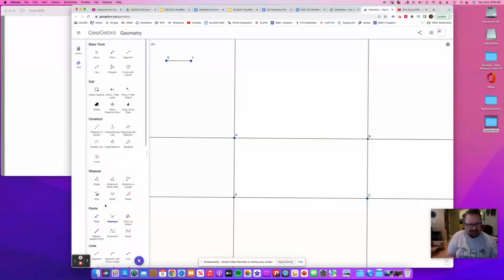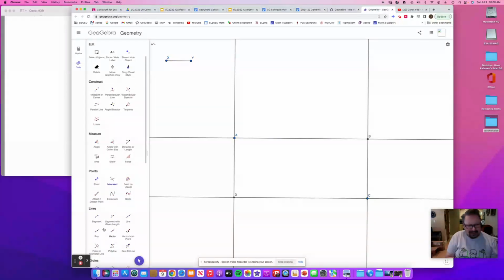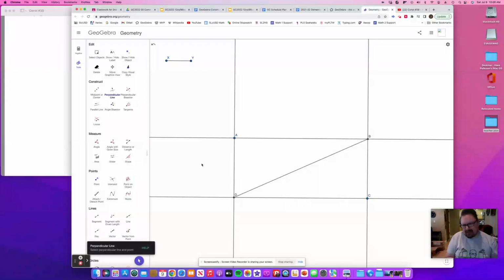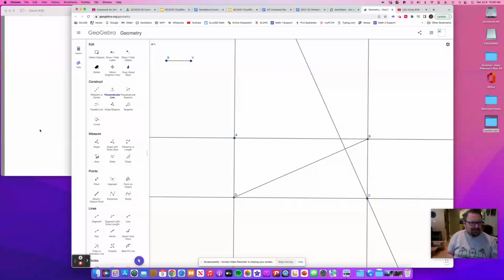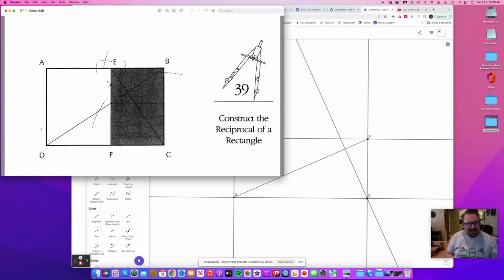All right, so my segment from D up to B, and then my perpendicular line tool, I want to be perpendicular to that line segment, but go through point C, and then where this intersects, this is point, I think it's E, and then where it intersects down below, that is point F.